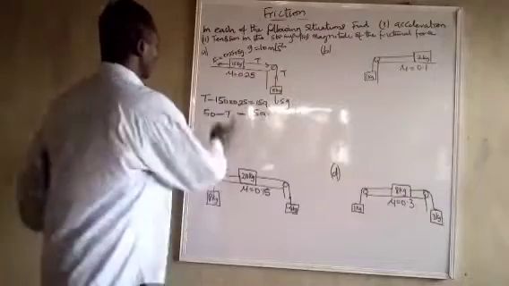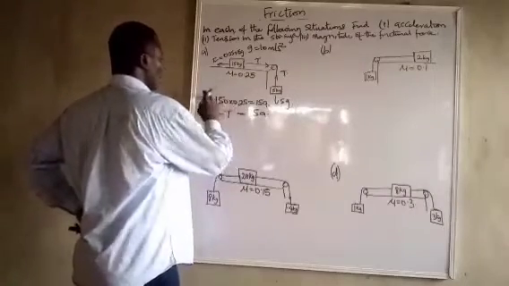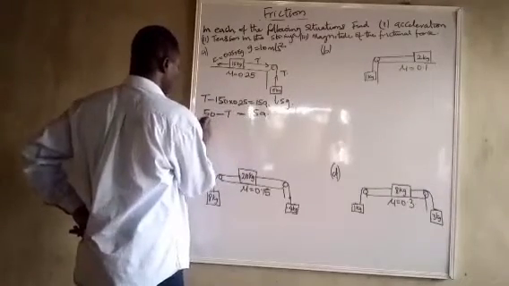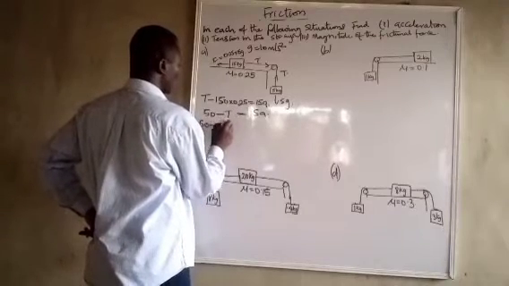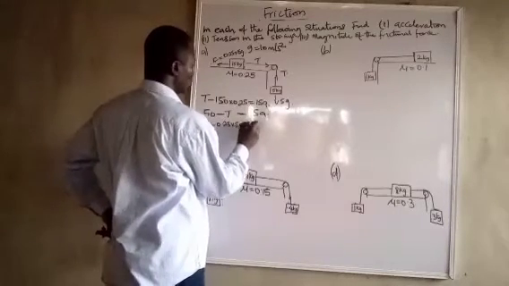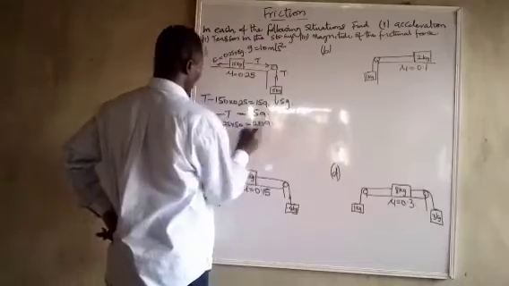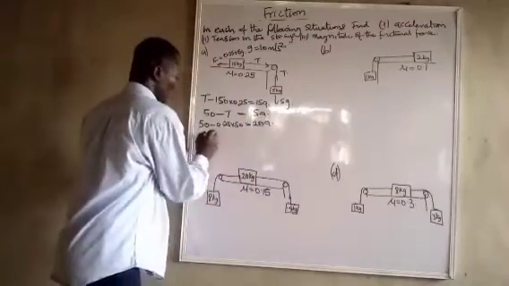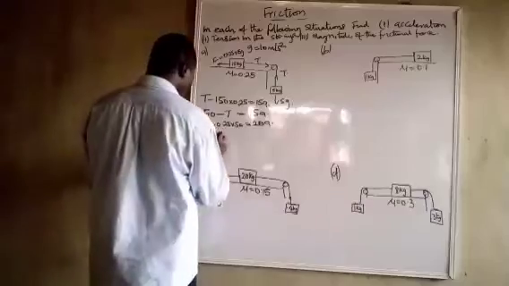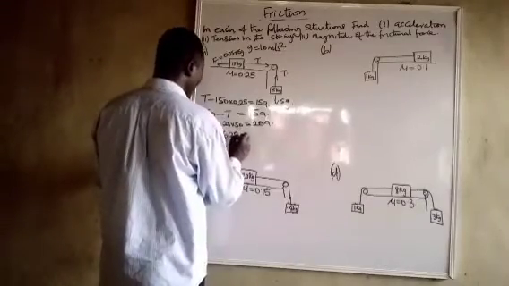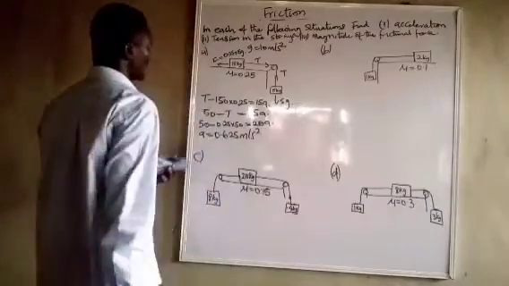So from here, adding these two, I'm going to have 50 minus 0.25 times 50 is equal to 20a. So a will be equal to 0.625 meters per second square. That is a.